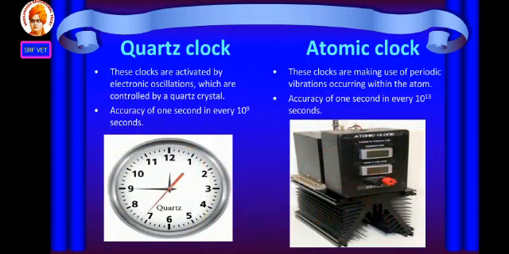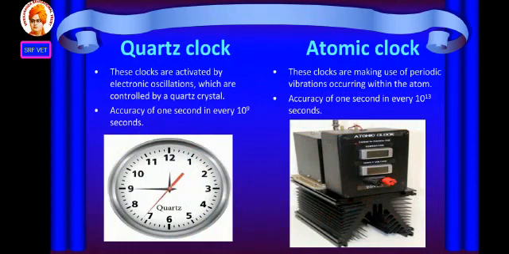The accuracy is 1 second in every 10 power 9 seconds. So what is meant by quartz clocks? The clocks are activated by electronic oscillators controlled by a quartz crystal.